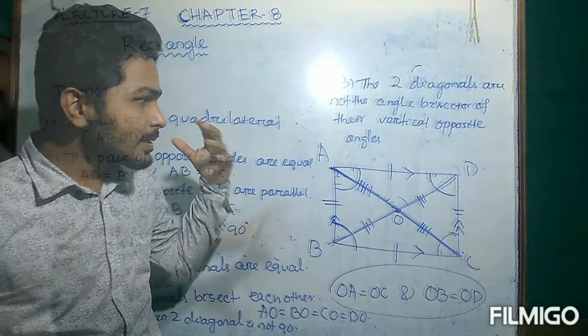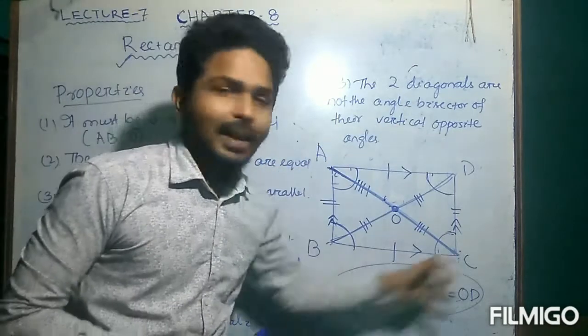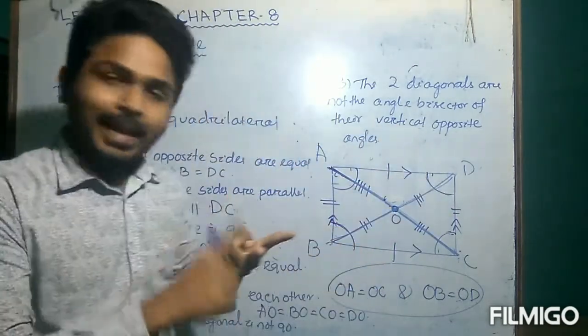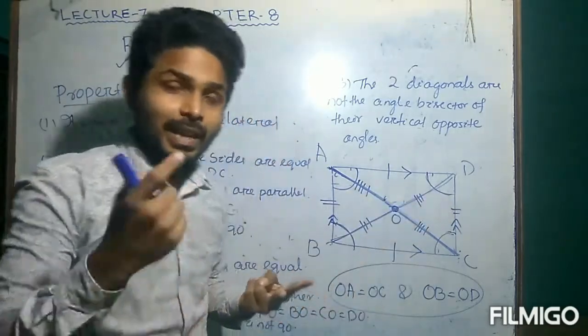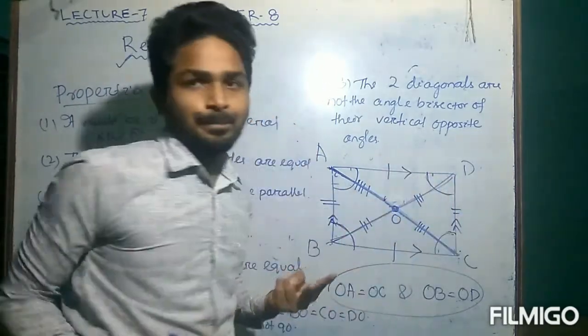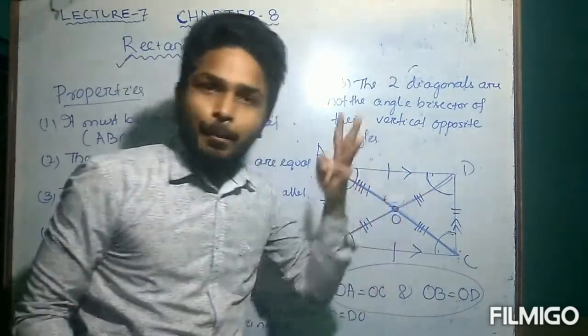Okay, so let us summarize all these points at once. In order to be a rectangle, the first point is it must be a quadrilateral. The second point is the pair of opposite sides must be equal. It means AD is equal to BC and AB is equal to DC. The third point is the pair of opposite sides must be parallel.